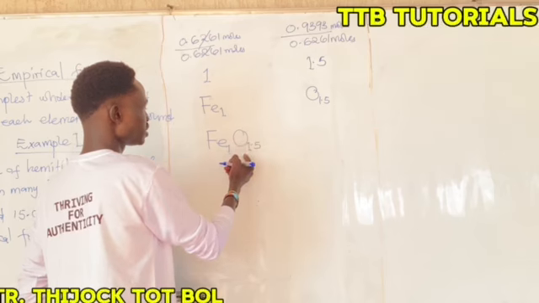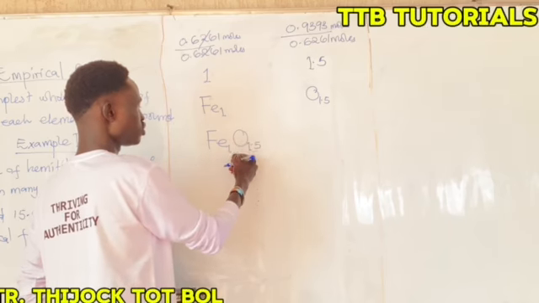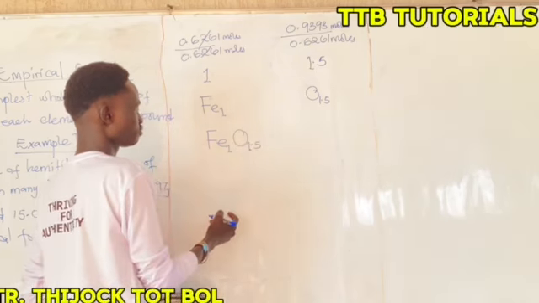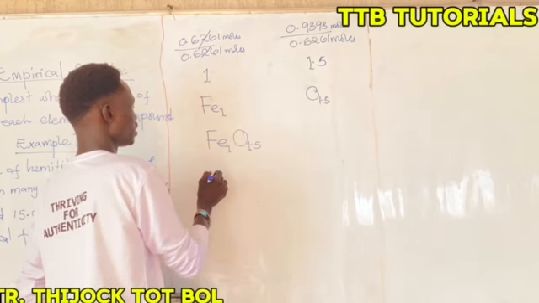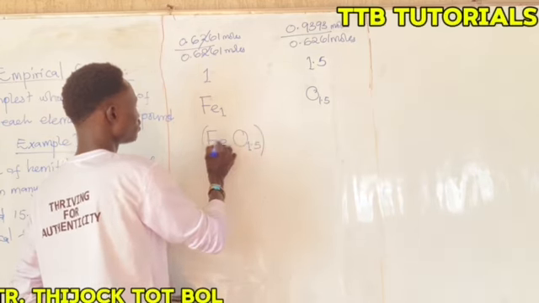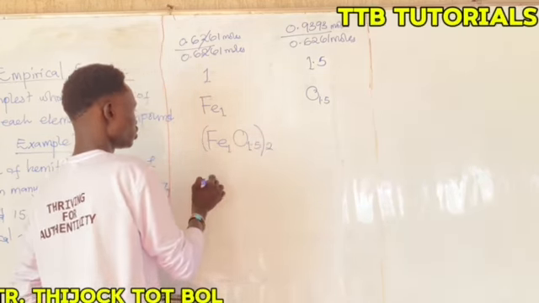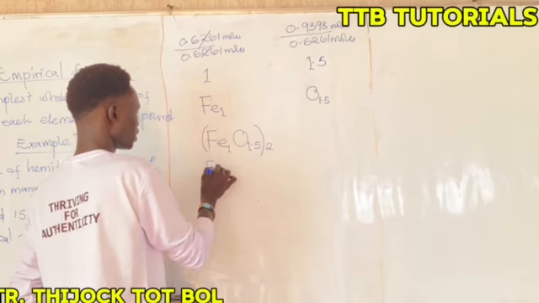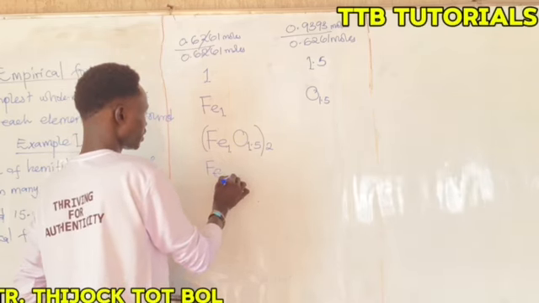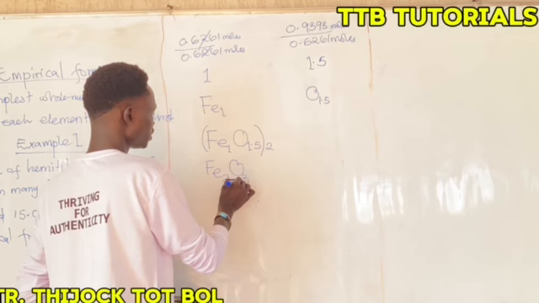So we need to change this 1.5 decimal to whole number form, whereby we are going to multiply the whole of this by 2. So here we are going to multiply. Iron will be 2, then oxygen will be 3.